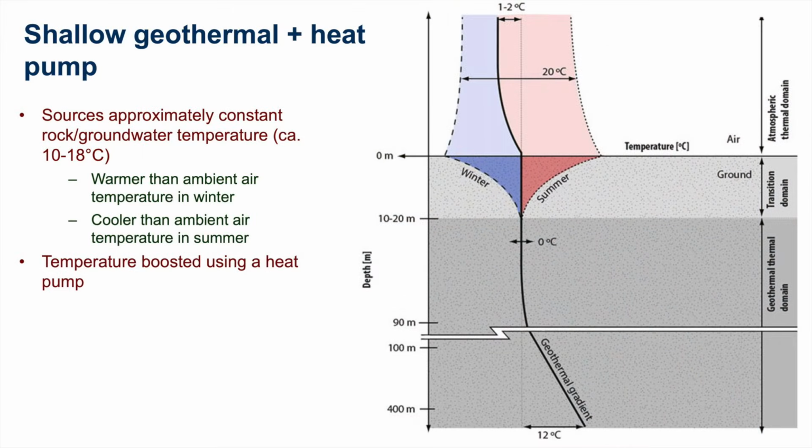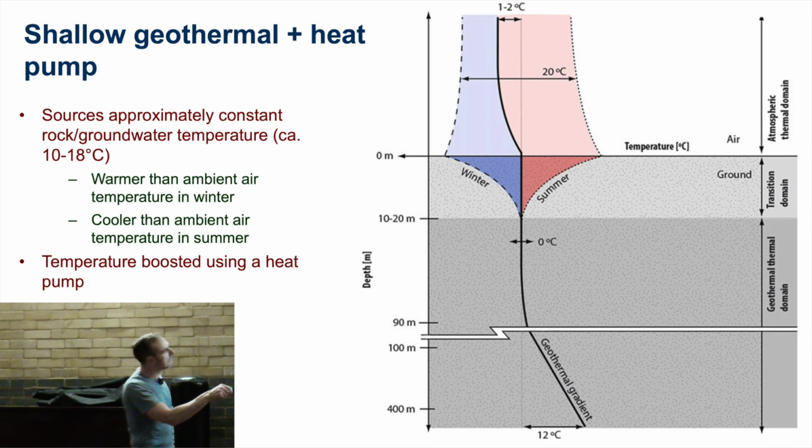What we can do instead is to stay shallow and use a heat pump. If we look in the very shallowest part of the crust, so now we're only going down to, this is sort of 400 meters here, in the upper 100 meters or so the temperature stays around about constant. It doesn't really fluctuate very much. If you go right into the upper part, it will get warmer in summer and cooler in winter.